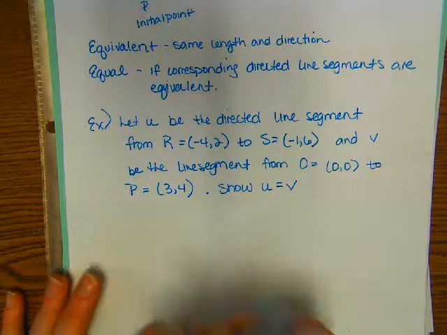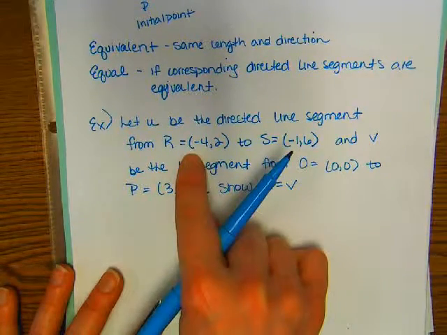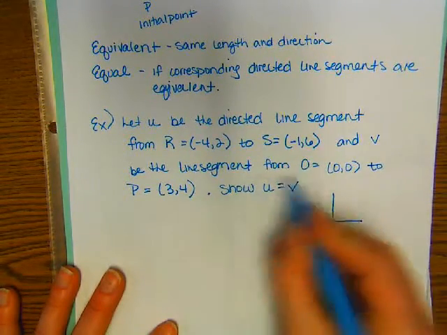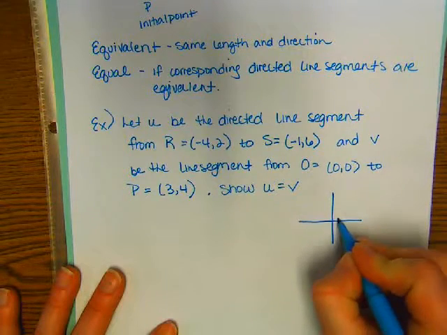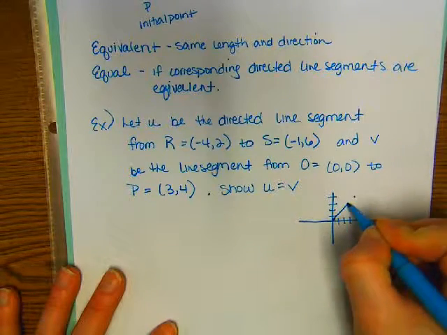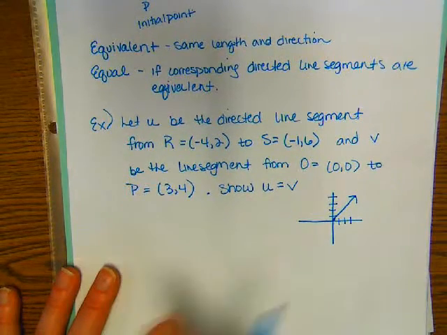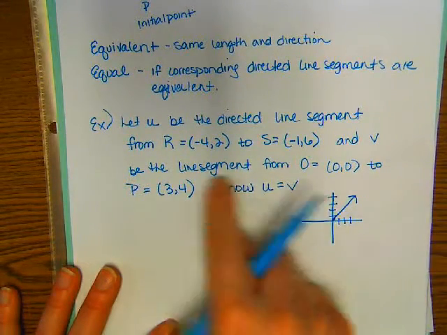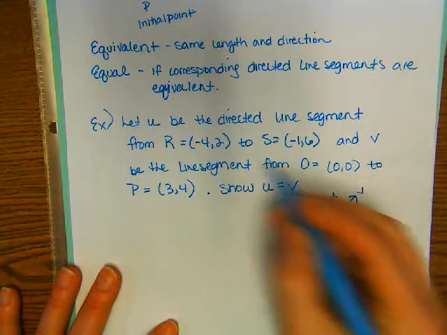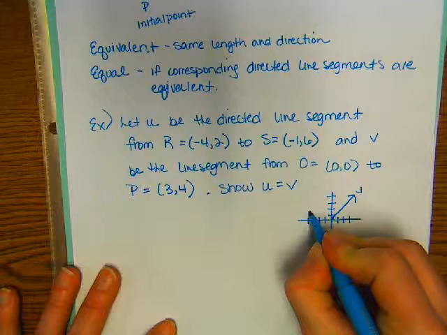Okay, so right now I can graph these and take a look if you want. If something started at (0, 0) and ended at (3, 4), it would look like this. Agreed? Okay. So this would be vector V. And then RS, that was (-4, 2), and then it went to (-1, 6).